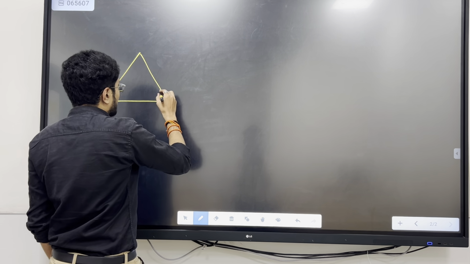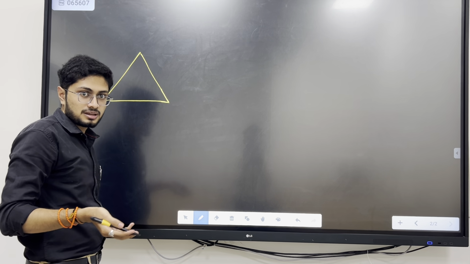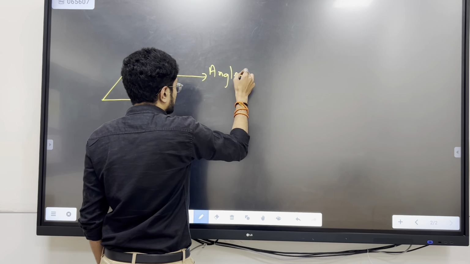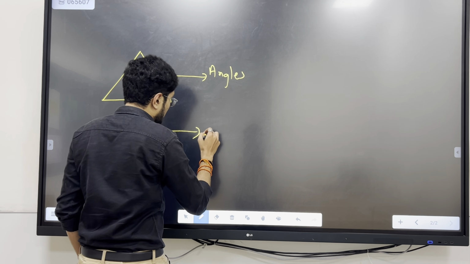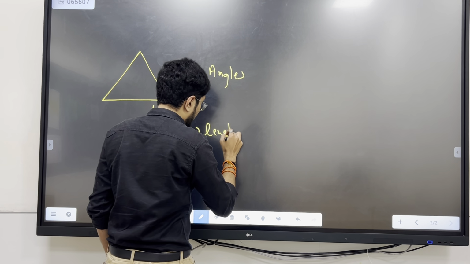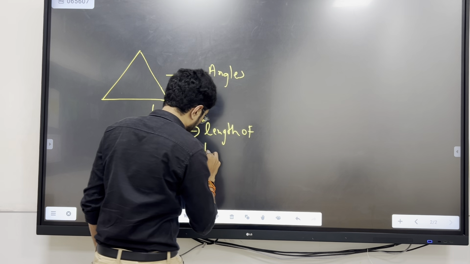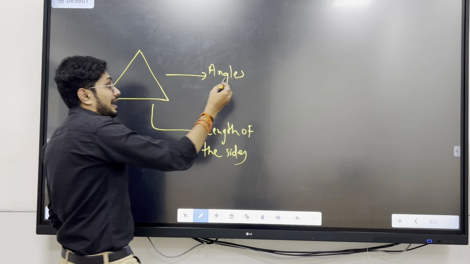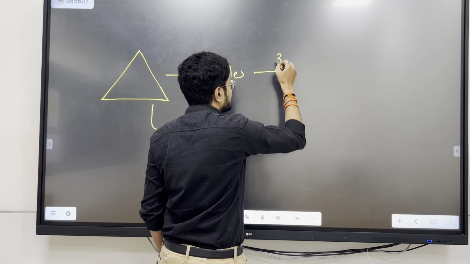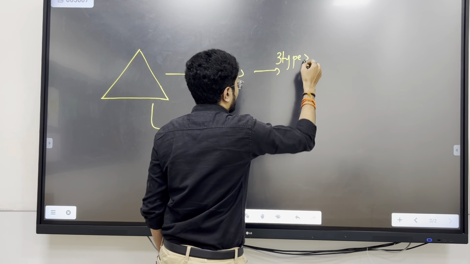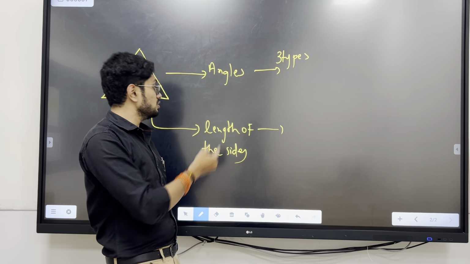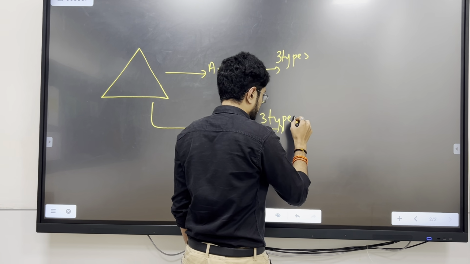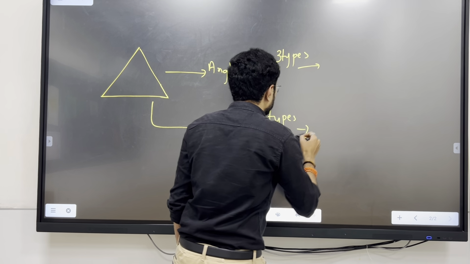Now triangles have several types based on their angles and based on the length of their sides. Based on the angle we have three types, as well as based on the length we have three types. Which three types based on the angle?